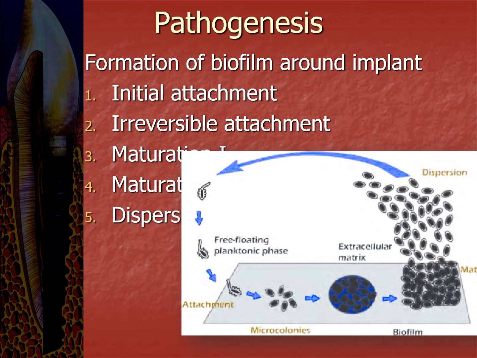And finally, the dispersion stage, where the outer bacteria detach from the colony and move with their flagella, or they liberate the spores, and these bacteria move to newer areas to develop newer colonies. So these are the 5 stages: the initial attachment, irreversible attachment where they secrete extracellular matrix, maturation 1 stage where they secrete the matrix dissolving enzymes and begin to develop flagella, the maturation 2 stage where they develop spores, and finally the dispersion stage.